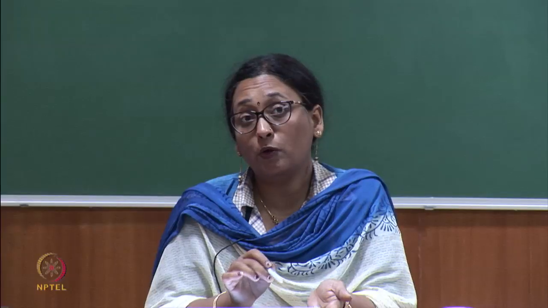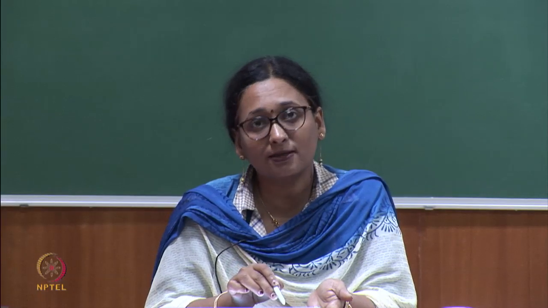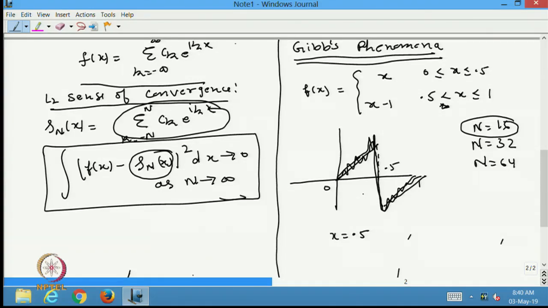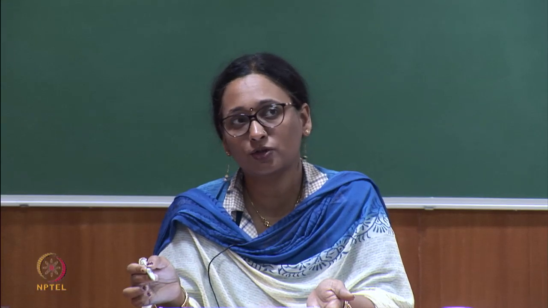Because f(x) is a discontinuous function and we are writing that function with the help of sine and cosine, since e to the power i k x is sine and cosine, which are continuous functions, a finite sum of continuous functions cannot give you a discontinuous function.